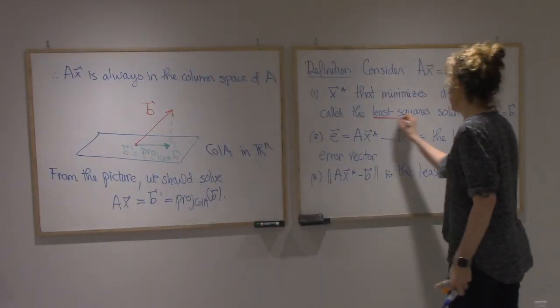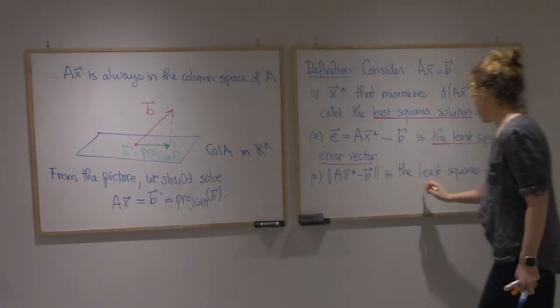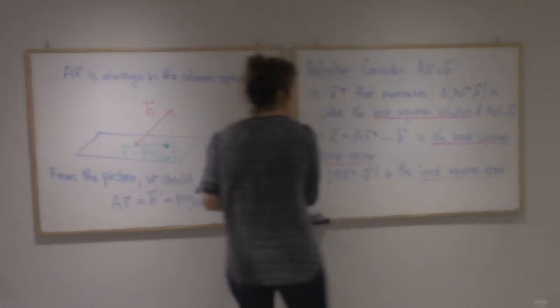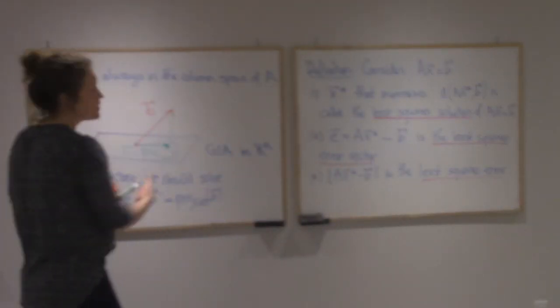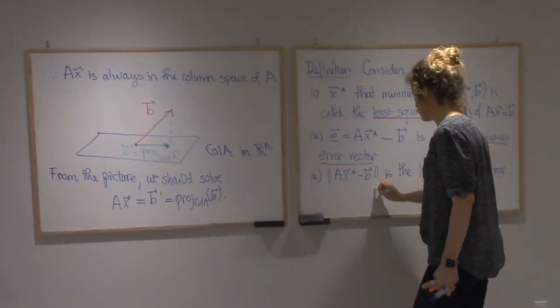So I have the least squares solution, the least squares error vector, and the least squares error. Now we're only going to look at this in R^n, because we're looking at a system. So this norm is just going to be the Euclidean norm.